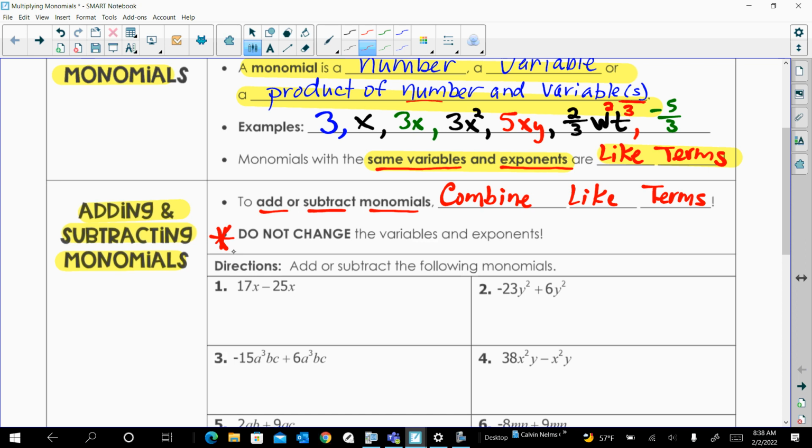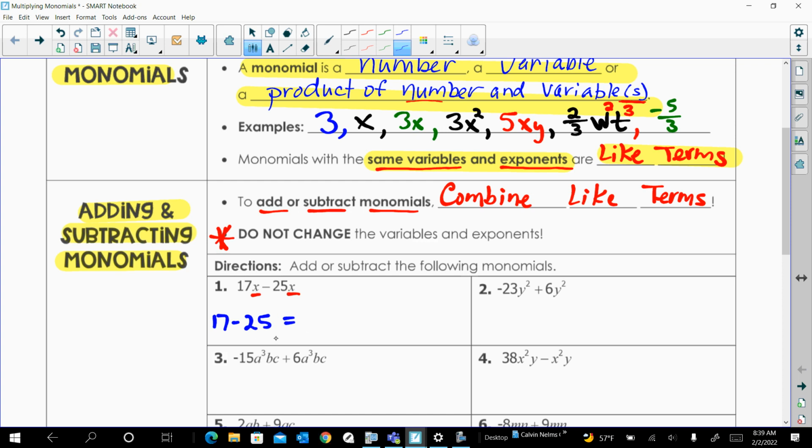So what you do, guys, you check your like term by checking the variable, the letter. Look at number 1. We have 17x minus 25x. They both have the letter x. Are they like terms? Yes, they are. So now we can actually subtract them. 17x minus 25x really is kind of like saying I'm going to just subtract the coefficient with 17 minus 25.